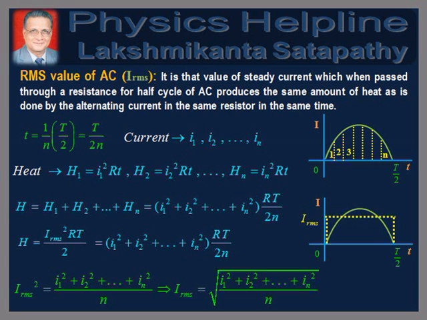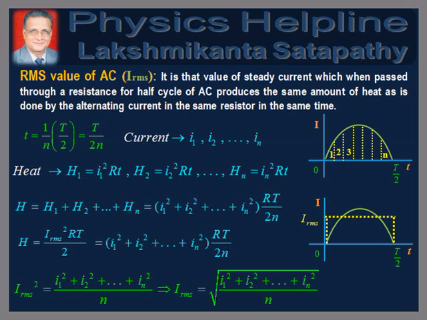Here we do the same division of the time interval as in the previous case. The heat produced in resistance R in these time intervals are H1 = I1² RΔt, H2 = I2² RΔt, etc. up to Hn = In² RΔt.